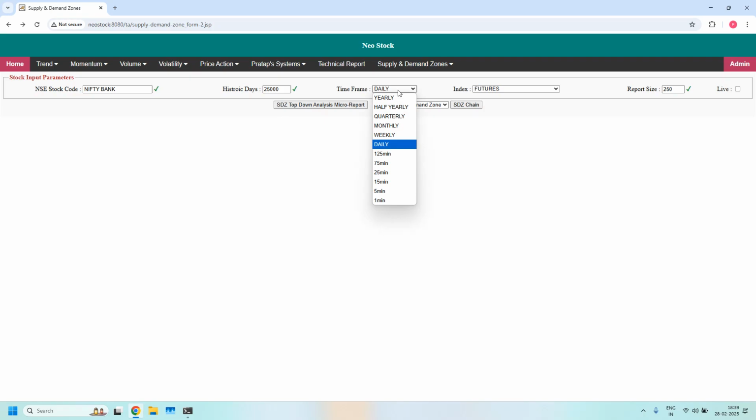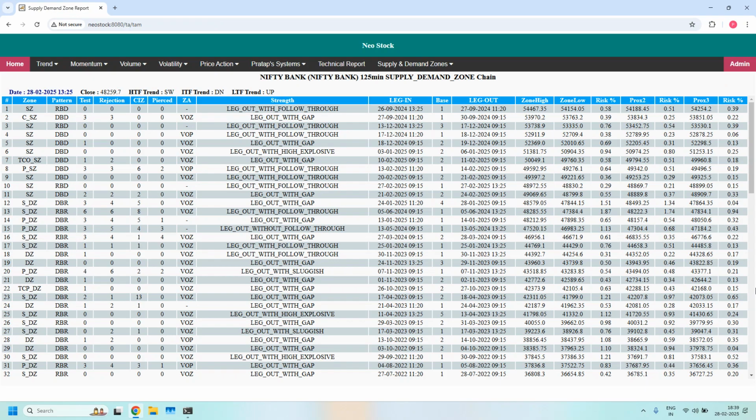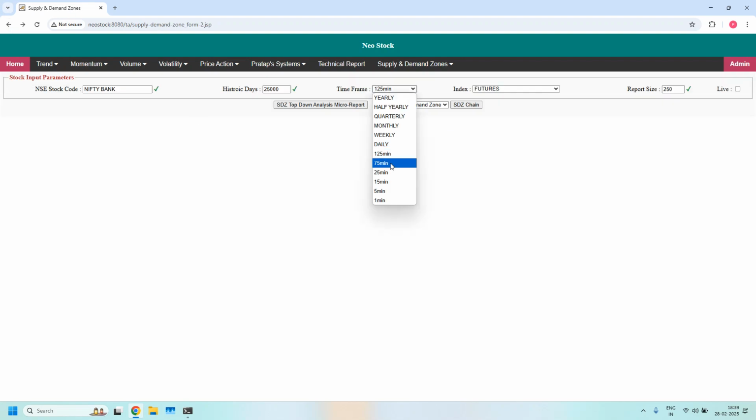Next, the 125-minute supply demand zone chain for Bank Nifty. Next, the 75-minute supply demand zone chain for Bank Nifty.